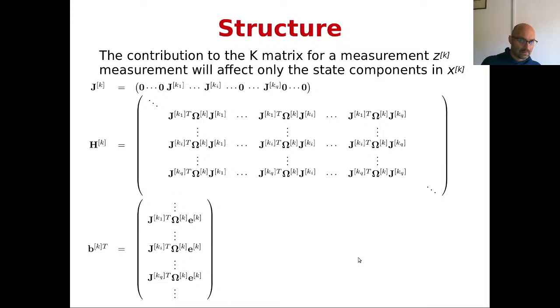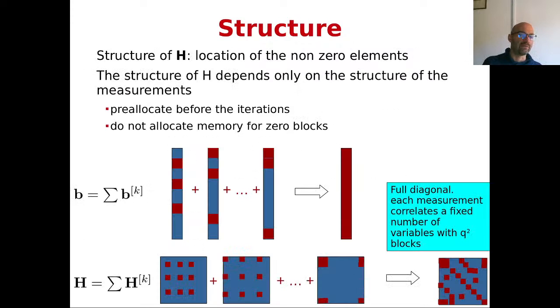This class of things allows us to highlight the sparsity pattern of H. And we can imagine that the H matrix will receive a number of non-zero elements which is proportional to the number of factors, okay? Which are the E functions. Now, what happens when you calculate the global H matrix?